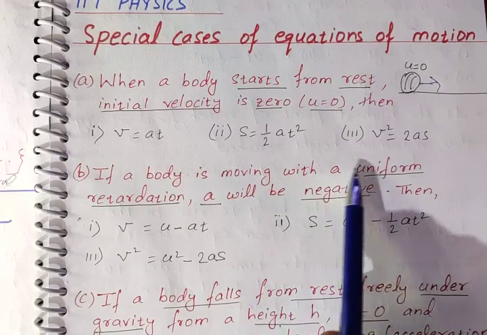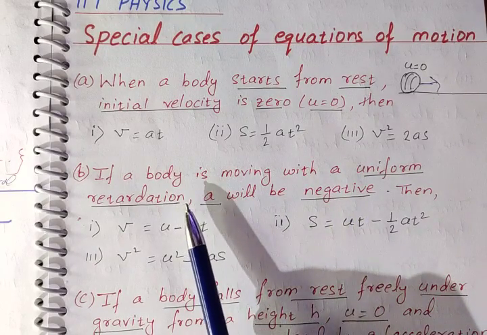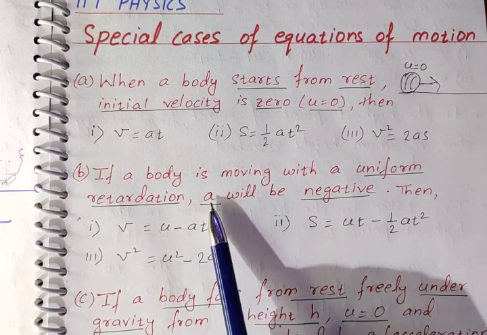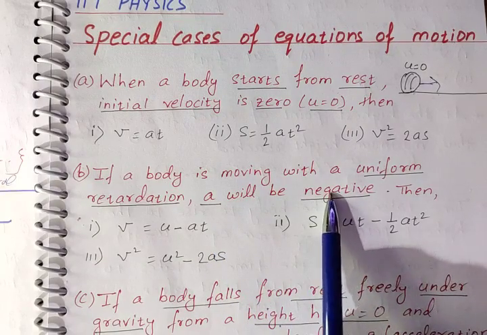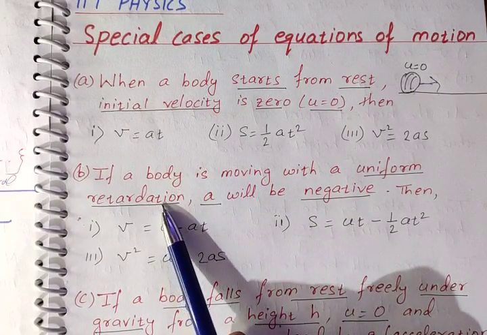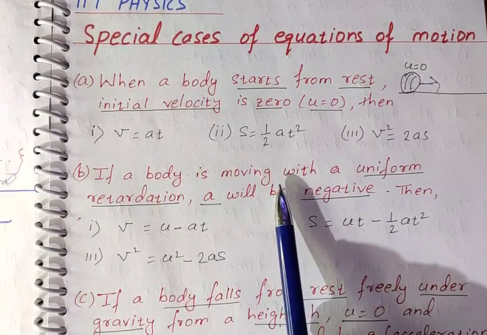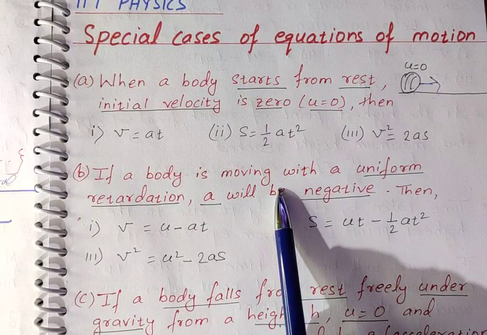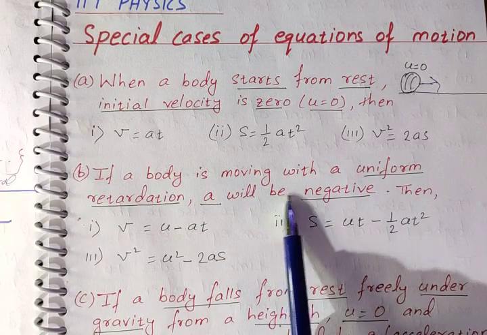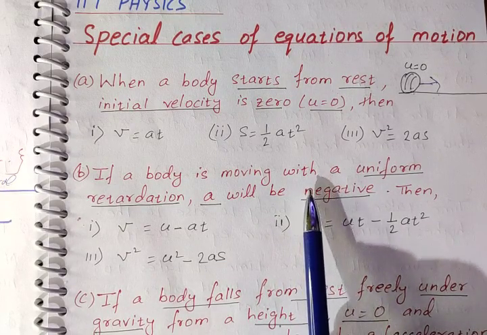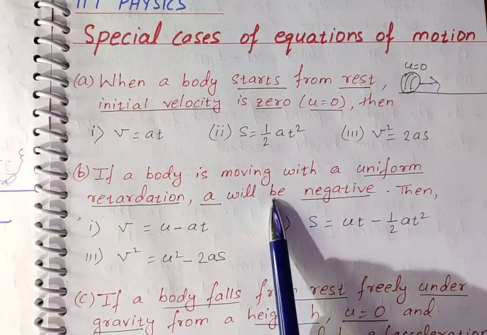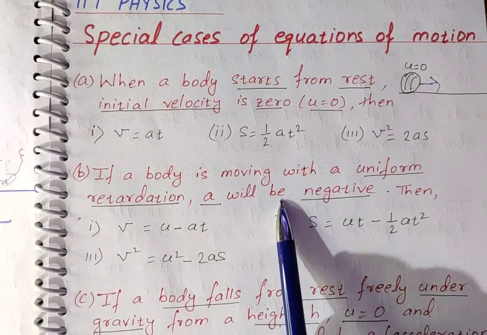So when a body is moving with uniform retardation, then acceleration a will be negative. Retardation or deceleration is nothing but negative acceleration, meaning a becomes minus a.